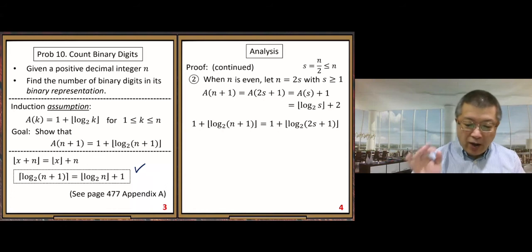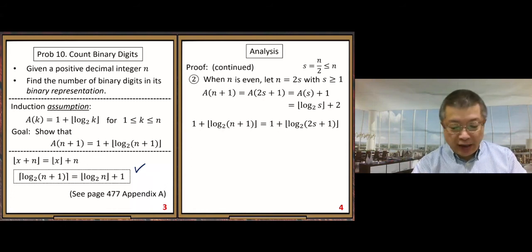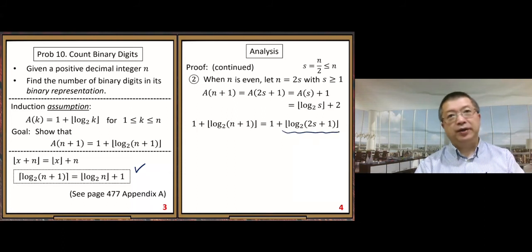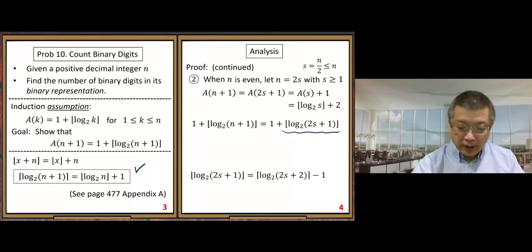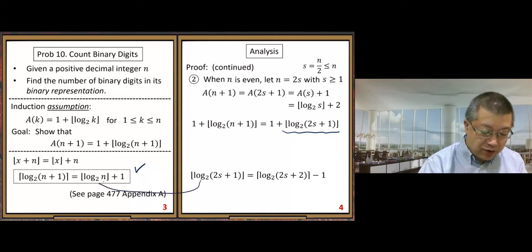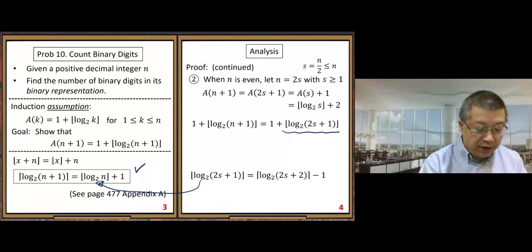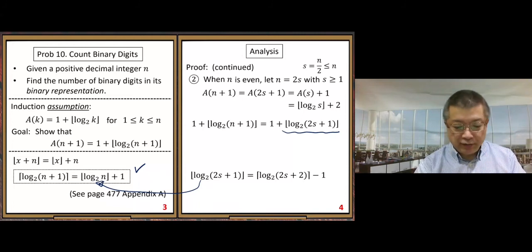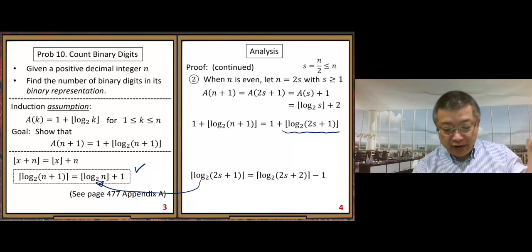Now we use that one to calculate this expression. Because we use the floor function, that corresponds to that term on the right-hand side in the original formula. So for the left-hand side term, we need to use the ceiling function.